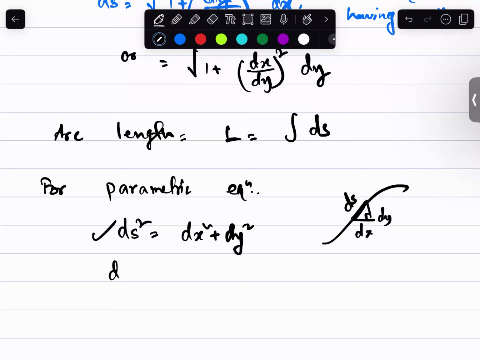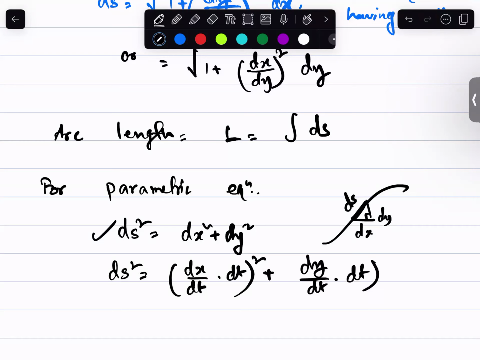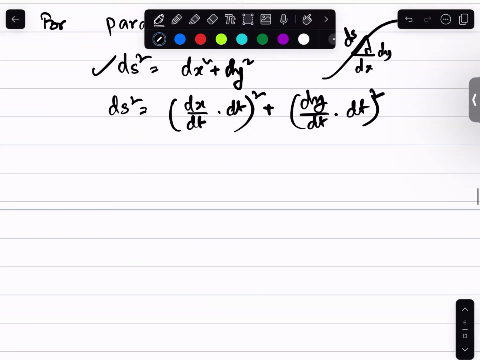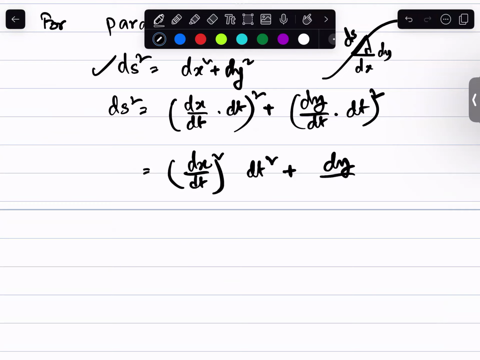And now I can rewrite this as dx over dt times dt, squared, plus dy over dt times dt, squared, right? This should be fine. And then this is nothing but dx over dt squared times dt squared plus dy over dt squared times dt squared.